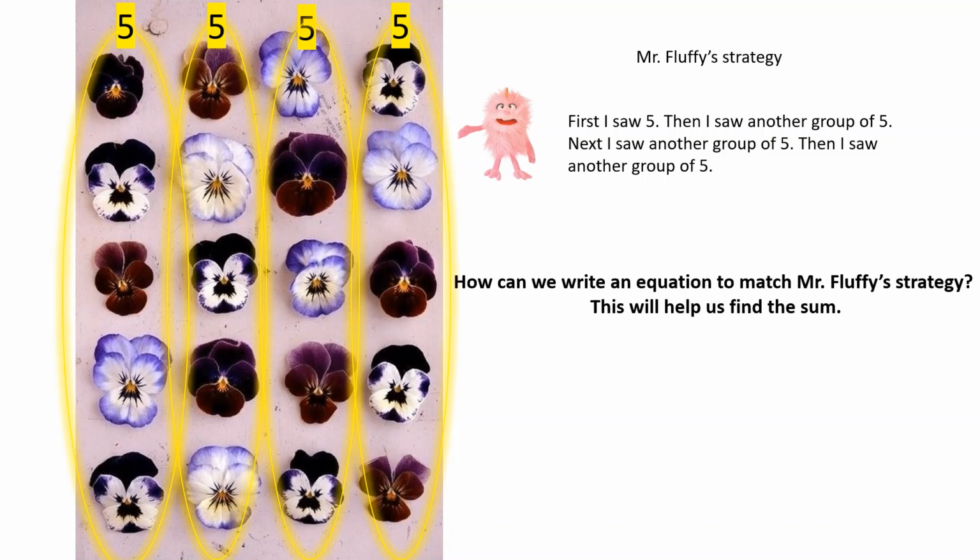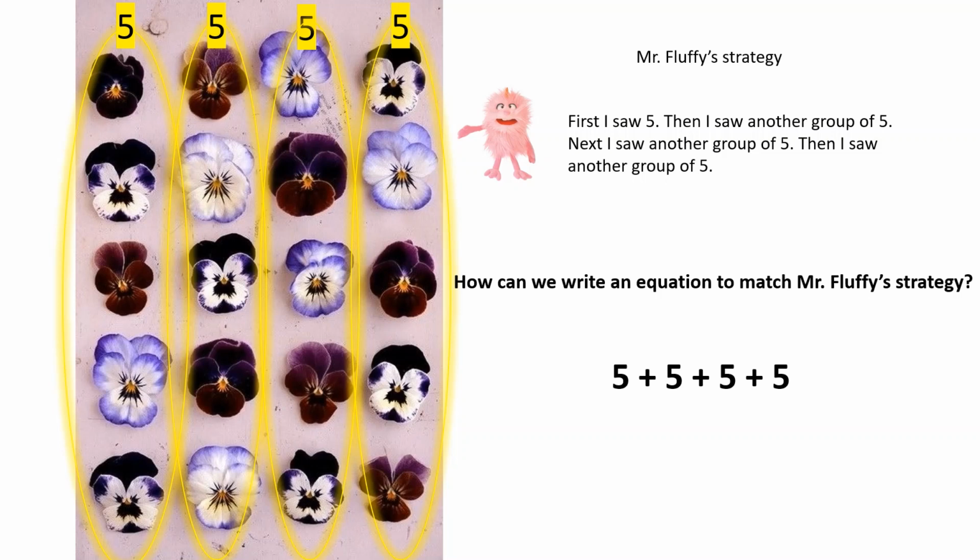Let's help Mr. Fluffy find the total number of flowers. First, let's help him by writing an equation. How can we write an equation to match Mr. Fluffy's strategy? This will help us find the sum. So think, what is an equation that matches his thinking? Yes, 5 plus 5 plus 5 plus 5.